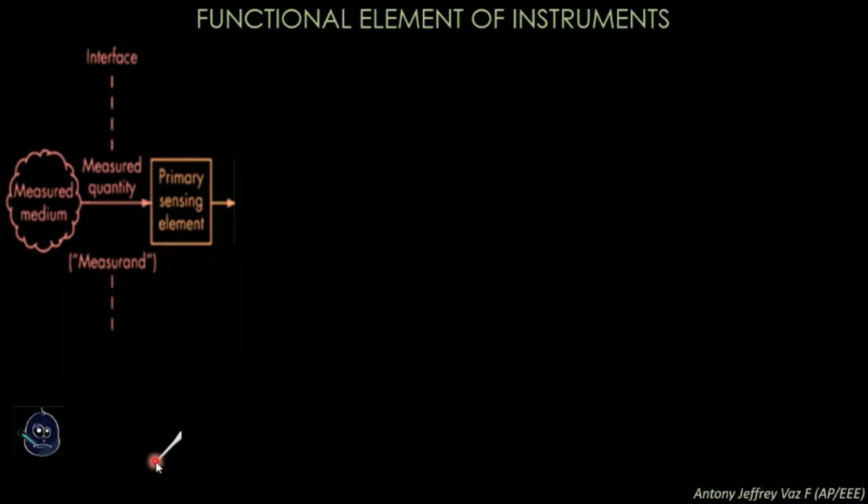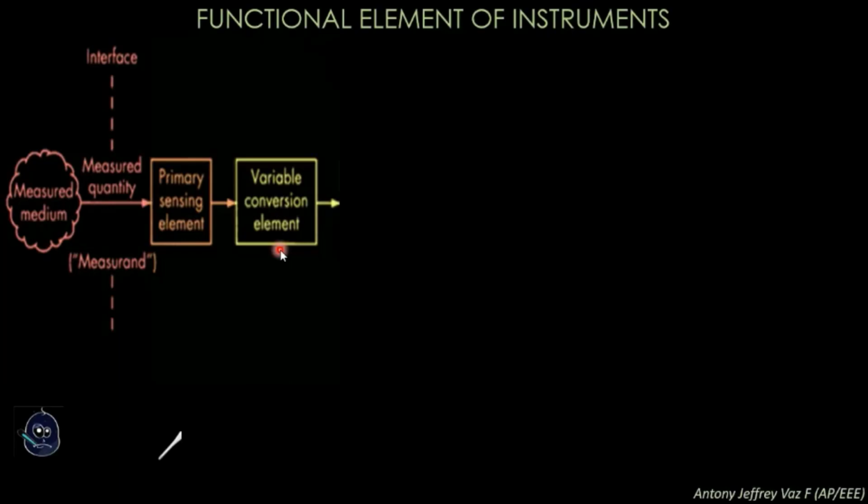Next, variable conversion element. This element is nothing but the sensor which is used in conversion of the physical quantity into an electrical quantity. Here, the temperature is being converted into electrical quantity with the help of this sensor. So this sensor is known as the variable conversion element.